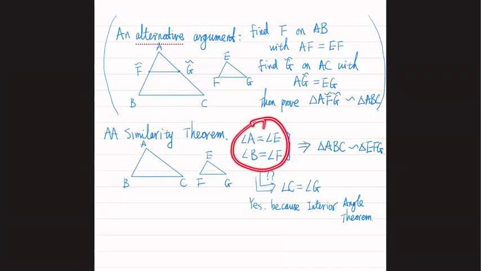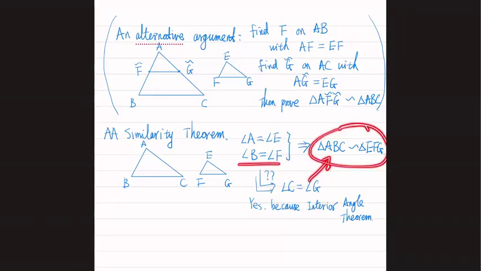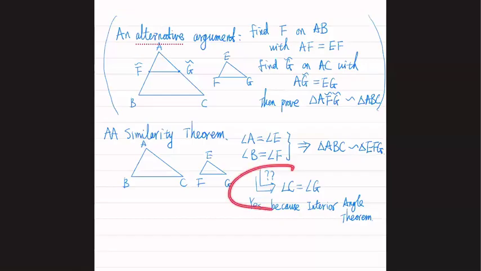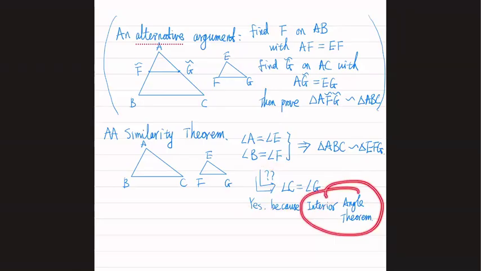From the two, we get the third one for free. Then we can apply the previous theorem: the two triangles are similar. So this one is based on the previous theorem and the interior angle theorem. Combine the two, we have the AA similarity theorem.